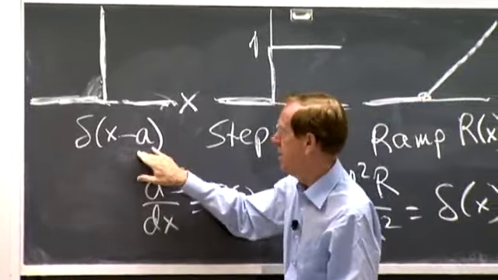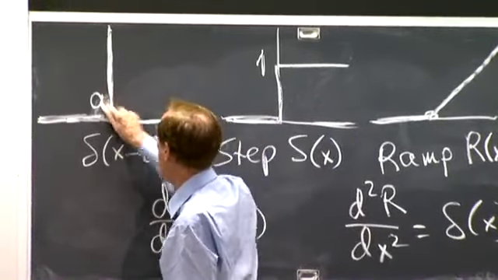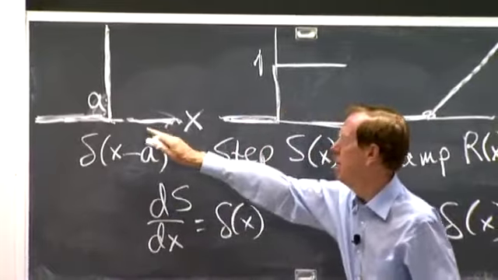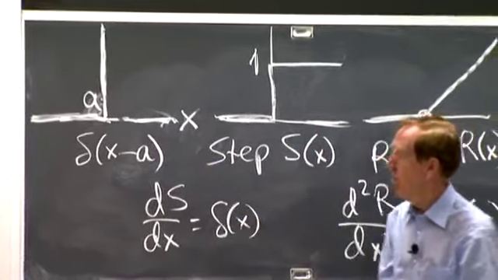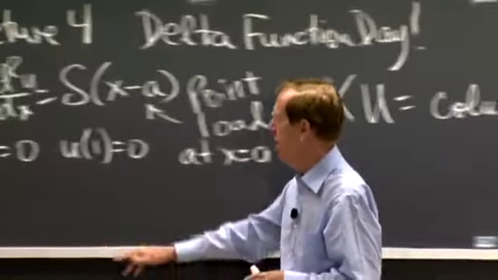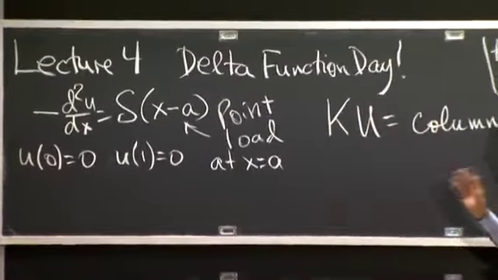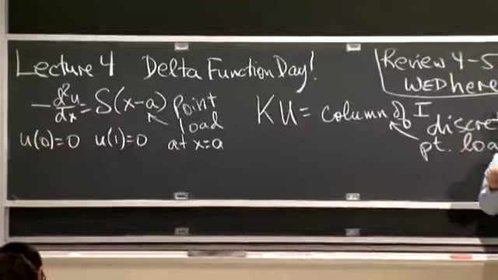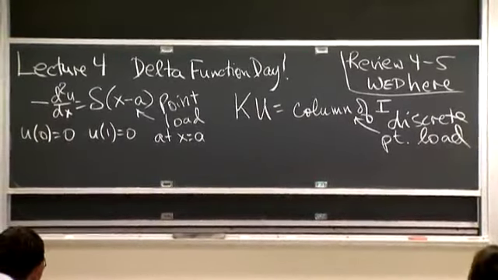And now this is 0 at x equal a. In other words, the load moved to the point a. So there's the shifting load, but the load could fall anywhere between 0 and 1. Okay. So delta of x, the load actually falls at 0. Well, we don't quite want that load at the boundary. So let's think of the point a, the load point, as somewhere between 0 and 1.